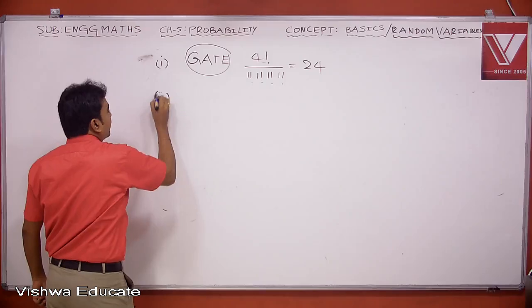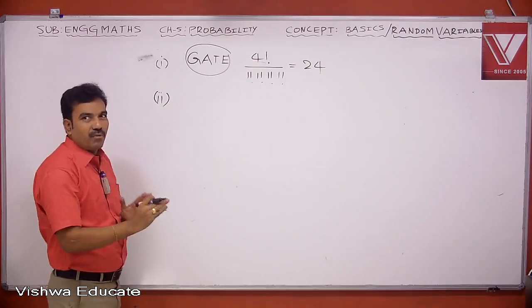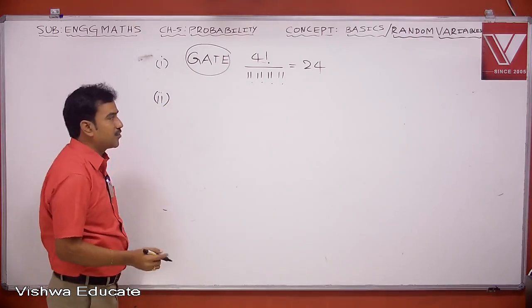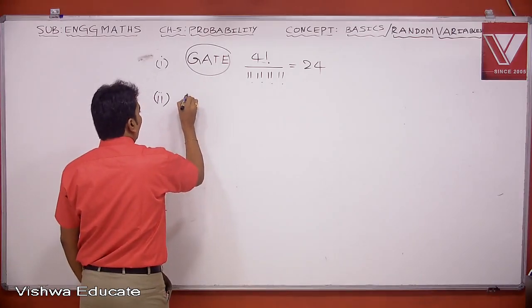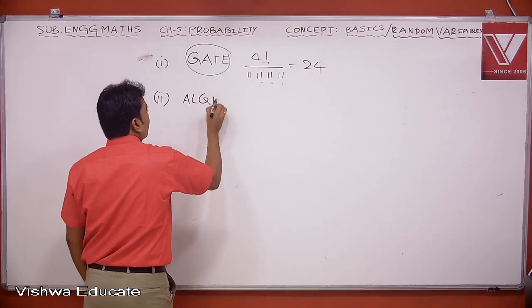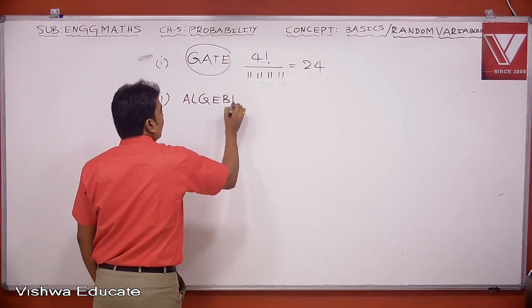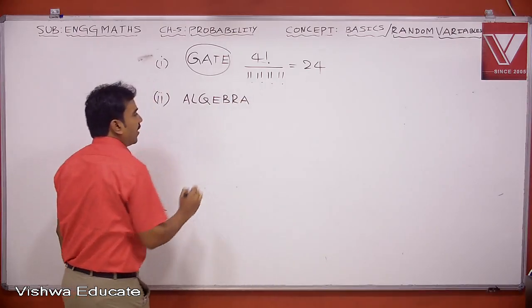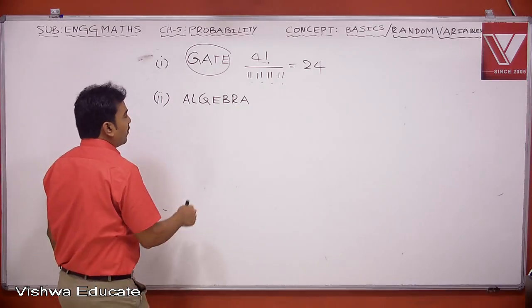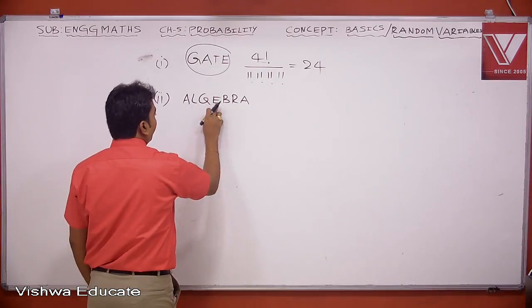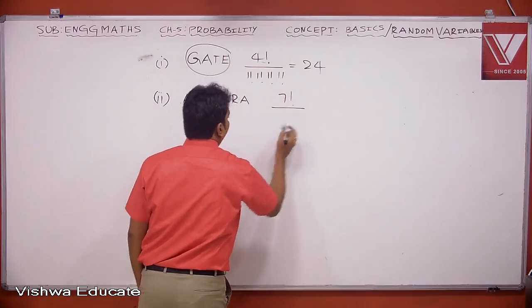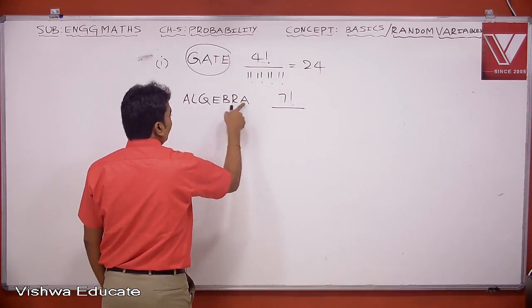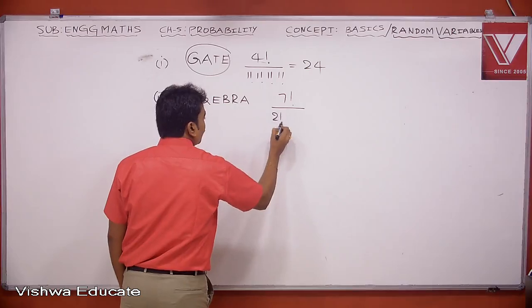Suppose you look at some words which have repeated symbols, for example ALGEBRA. How many symbols are there? 1, 2, 3, 4, 5, 6, 7. So 7 factorial divided by, here A is repeated twice, so divide by 2 factorial.